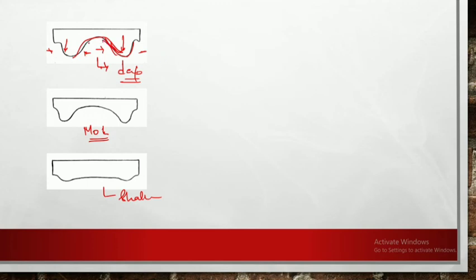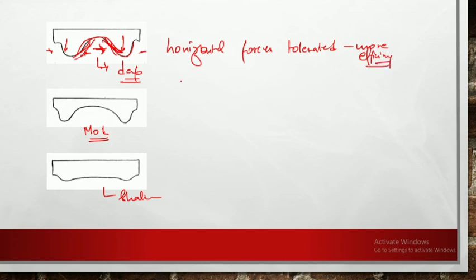So the posterior lateral slopes are going to be deep, so horizontal forces are resisted better. So I'll write over here, horizontal forces tolerated more efficiently. But as the slopes decrease, again the stability is also going to decrease.